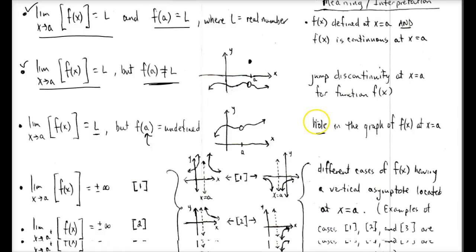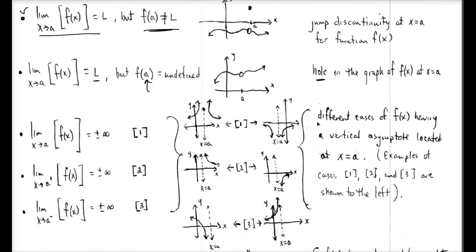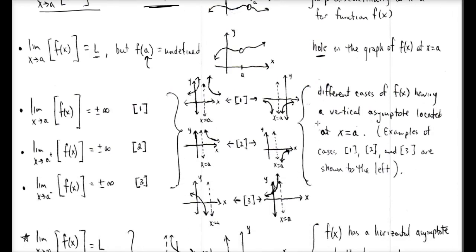Now moving forward, we have all the different cases of what we have when we have a vertical asymptote. In general, whenever we have the limit as x approaches some specific real number, and the answer to that is either positive or negative infinity, then we know we have a vertical asymptote.